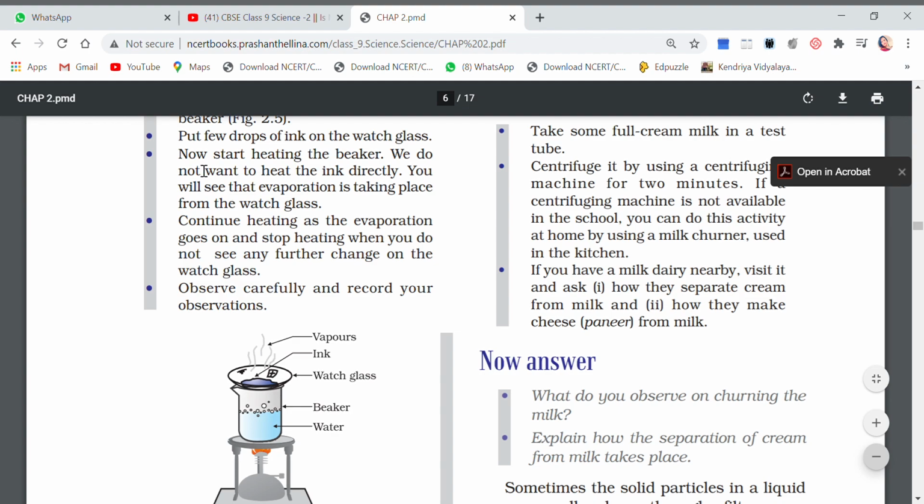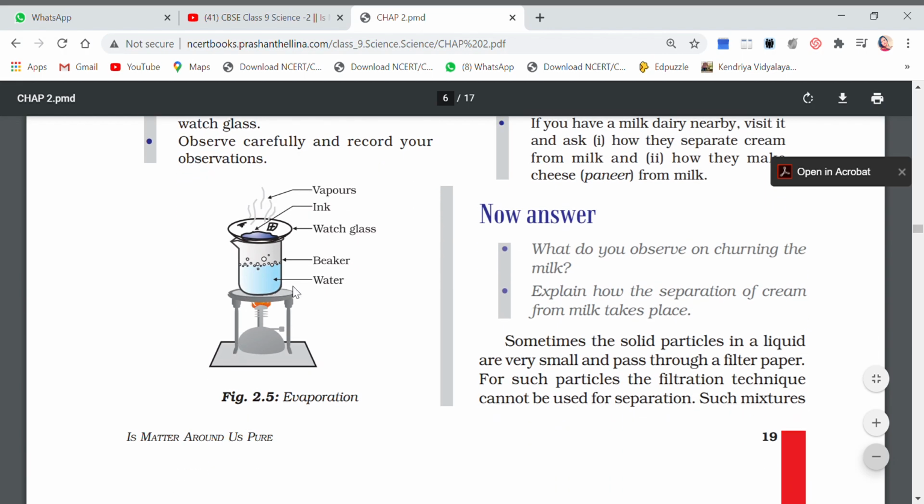Okay, now what you have to do, you have to put this whole setup on a stand, and you have to place a burner below it and just switch on the burner. That means you have to heat it.